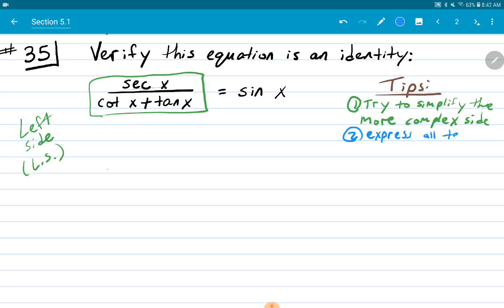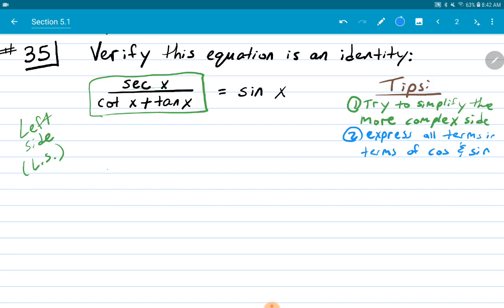all terms in terms of cosine and sine. Secant, cosecant, tan, cotan, all those things I can convert into terms of cosine and sine.